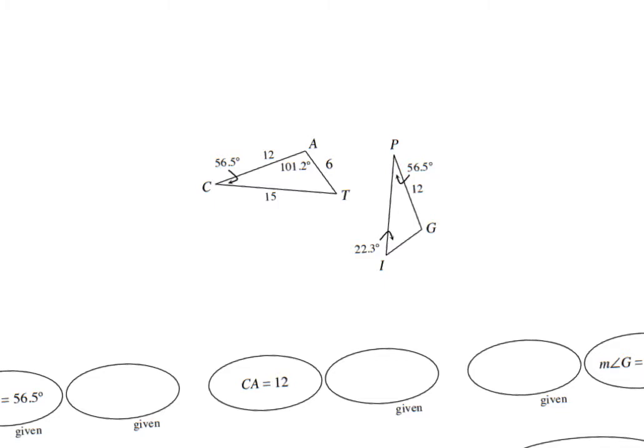We could calculate the measure of angle G and see if it's the same as the measure of angle A, but this is a disorganized way of approaching looking at these triangles. So we can use a proof to be very specific and strategic about exactly what we have and then what we can say based on what we have.